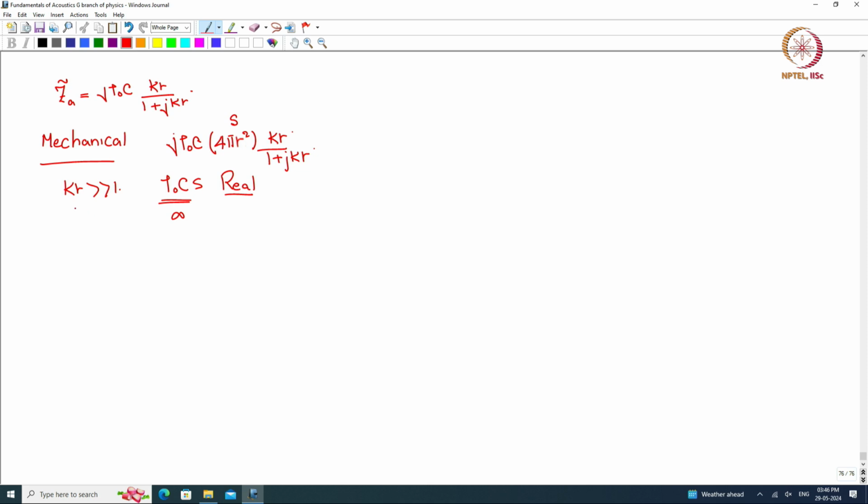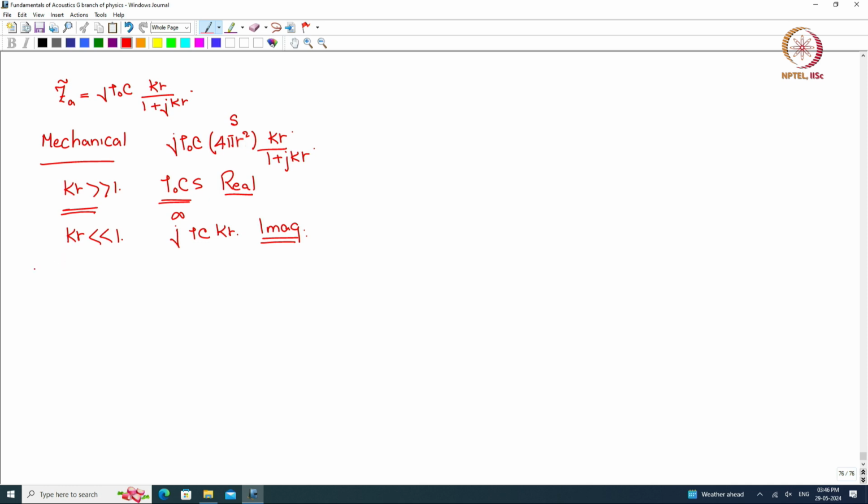So you should be in the far field. This is the far field. In contrast, if kr is much less than 1, what you will see is j rho c kr. It's an imaginary mechanical impedance, so no power is transferred by the source.